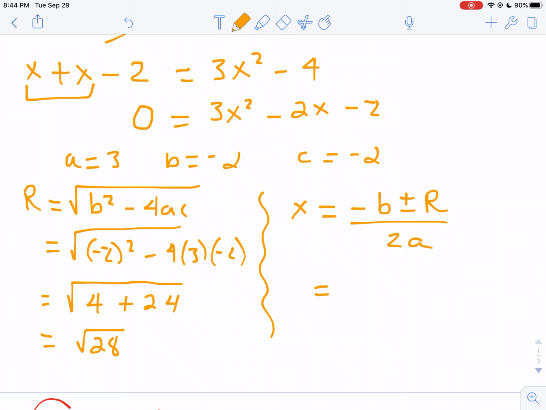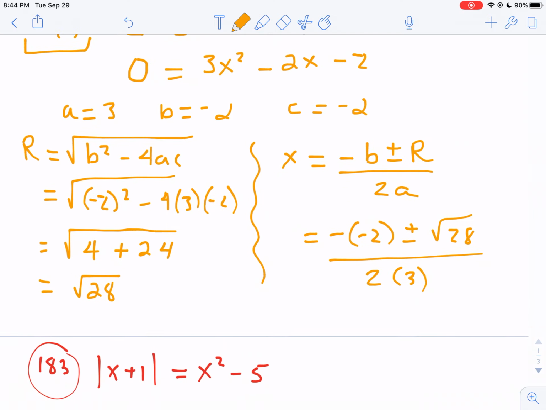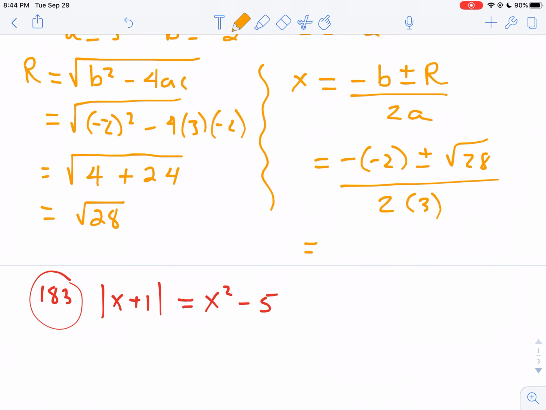Be careful with your b, because your b is negative 2, so it's 2 plus or minus radical 28 over 6. That's supposedly the answers that I have.